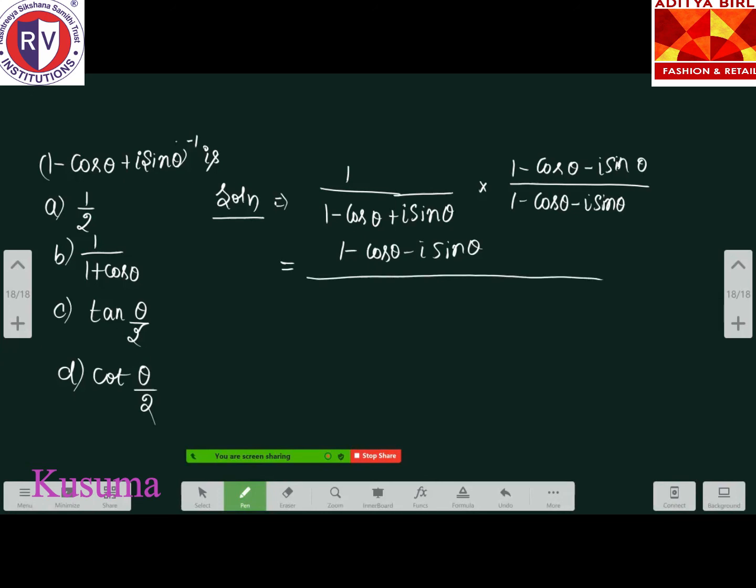While multiplying the denominators, to avoid confusion, let us do it term by term.